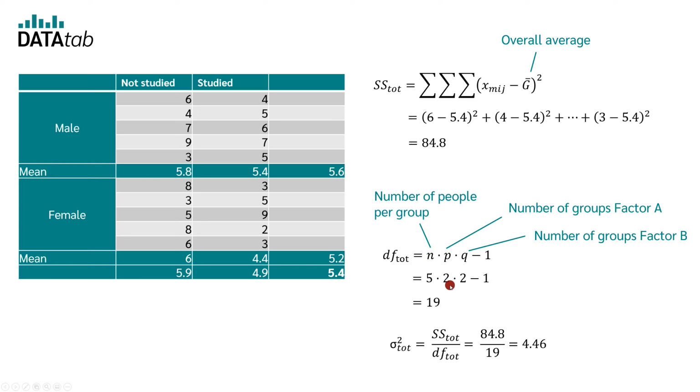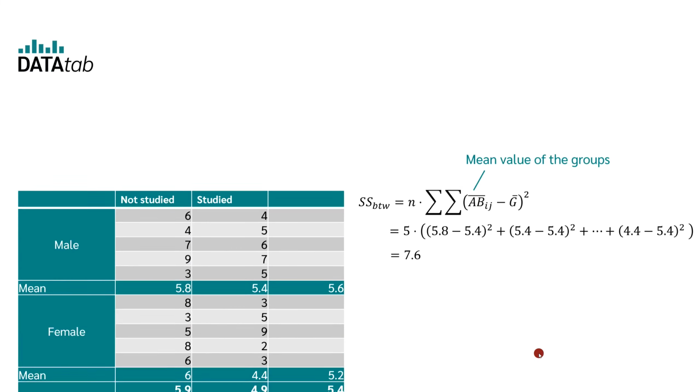We have in both cases two groups, male and female, or not studied and studied. With that, P and Q in our case is 2. Thus, we receive for the degrees of freedom 19. The total variance results from the sum of squares divided by the number of degrees of freedom. So we get 4.46.